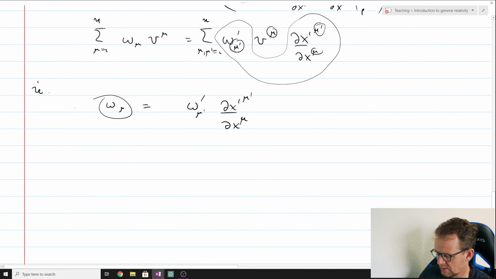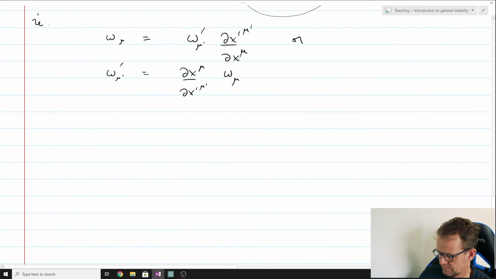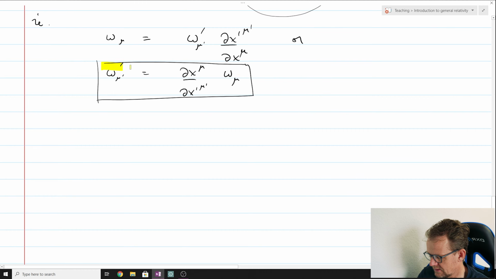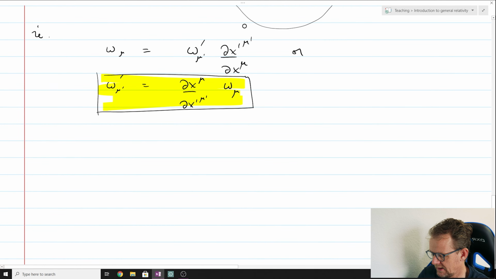So we know that omega_mu, the components in the old basis, are related to the components in the new basis via this Jacobian factor, but we want to invert this expression, and we can because the Jacobian is an invertible matrix. So we learned that the components of the dual vector with respect to the new basis are given by dx^mu over dx^prime mu prime, the inverse of these Jacobian factors. So that's how the components of a dual vector look in a new coordinate basis. They're related by the change of variables formula in this fashion here.